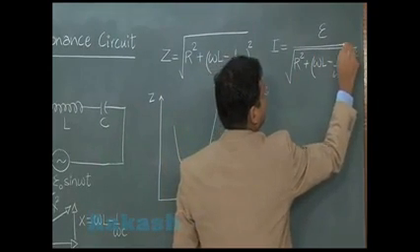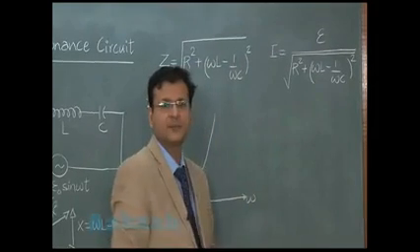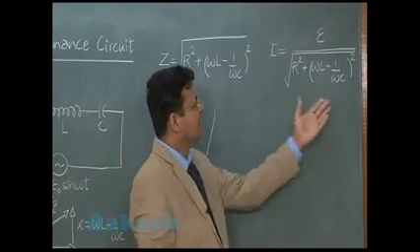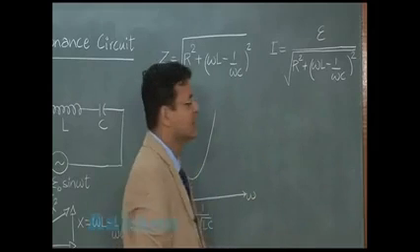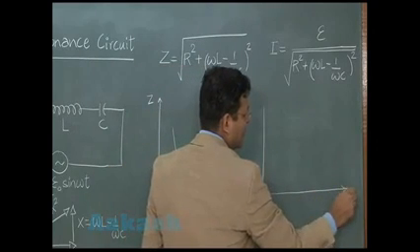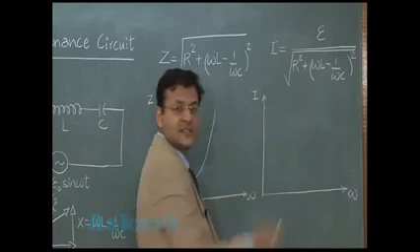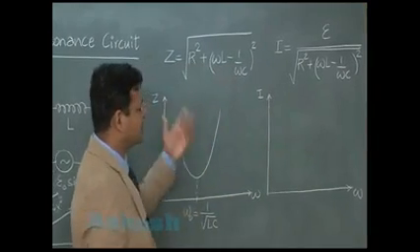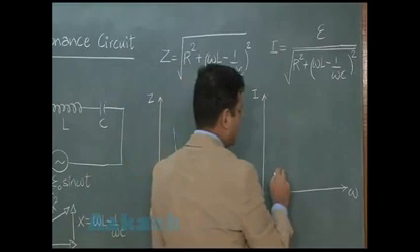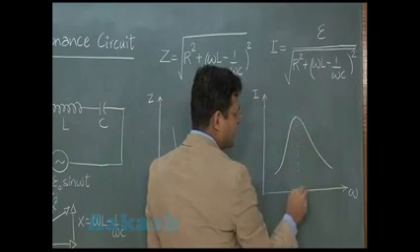The value of current is simply EMF upon Z. This can be the RMS current value. Since Z has gone into the denominator, if you try to plot this current as a function of omega, you will find that the current will have a reverse nature, the reverse of this. That means at the same particular frequency, you will find that the current has the maximum value.